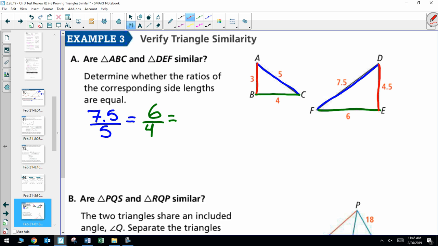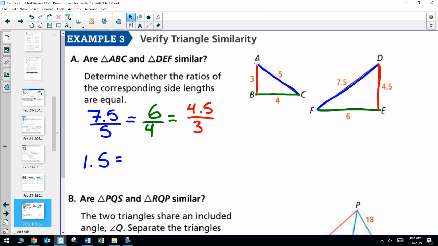And the last one is seeing if this is the same fraction as well. So we need to see whether those ratios are equal to each other. If you did 7.5 divided by 5, you would get 1.5.